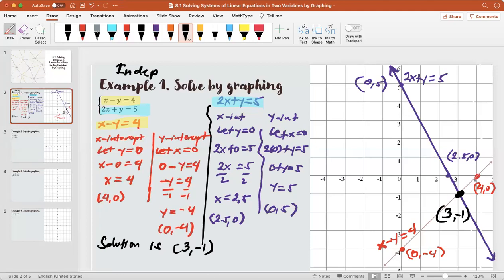This is an example of an independent system. An independent system is a system of linear equations in two variables that intersect at one point. And also, an independent system is a system with only one solution, and that solution is an ordered pair. Example is (3, -1).